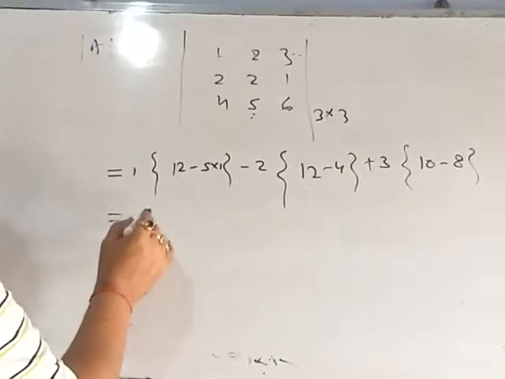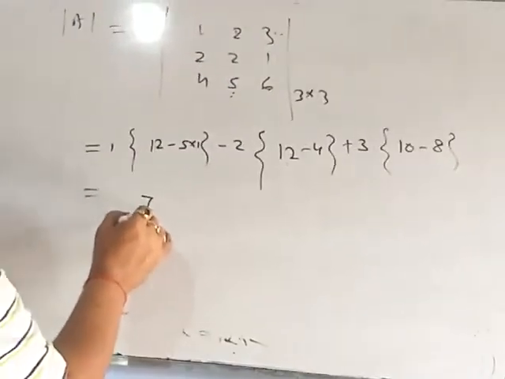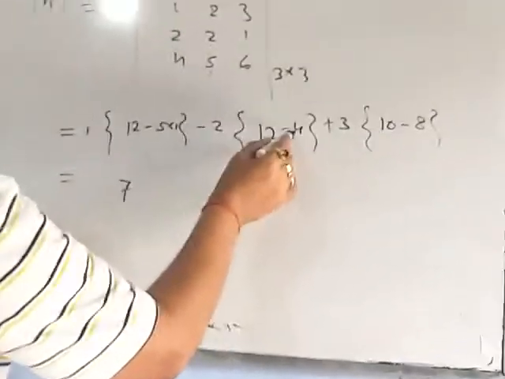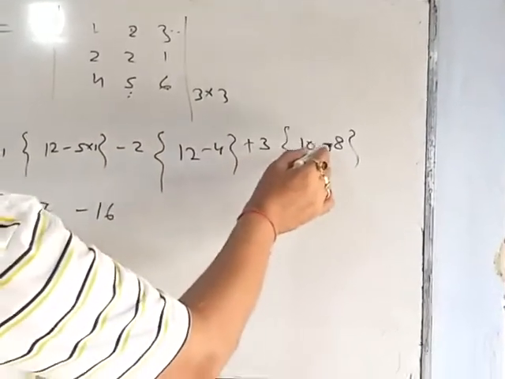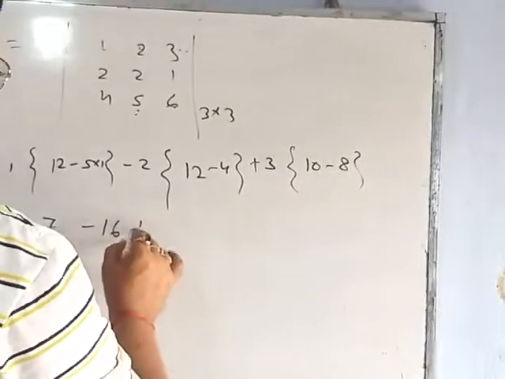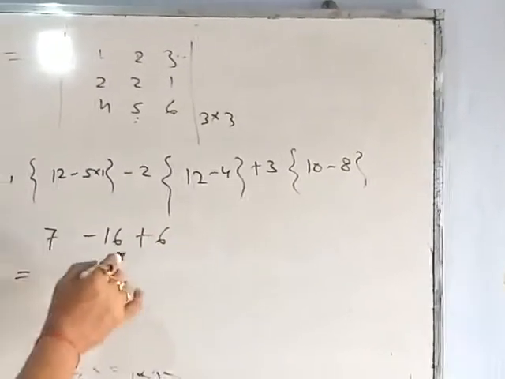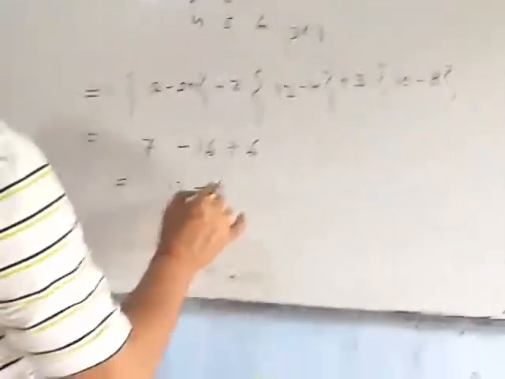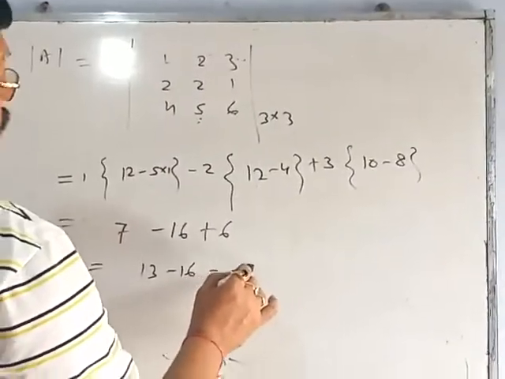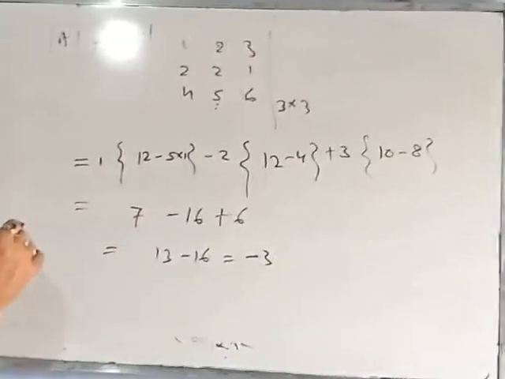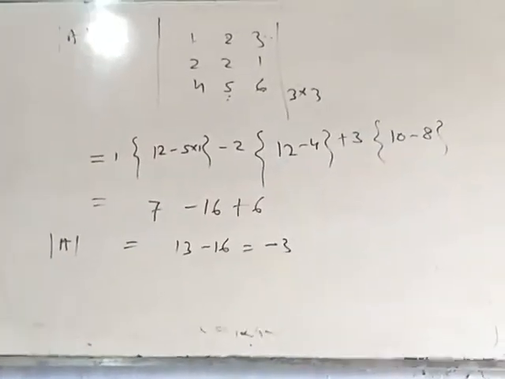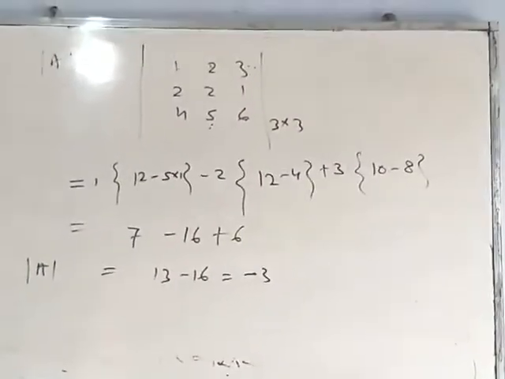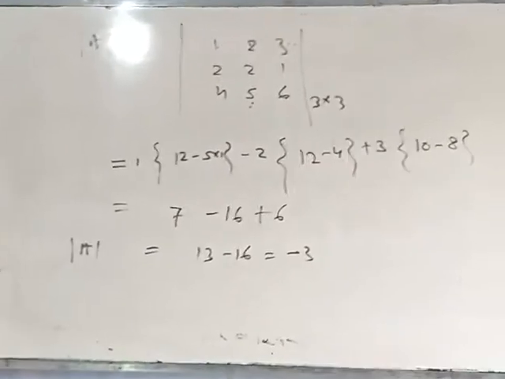So 12 minus 5 is 7; 12 minus 4 is 8, times 2 is 16; and 10 minus 8 is 2, times 3 is 6. So 7 minus 16 plus 6 is minus 3. This is the value of determinant A. This is the process of evaluation of a determinant of order 3.